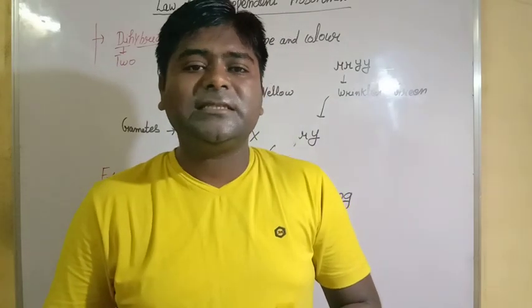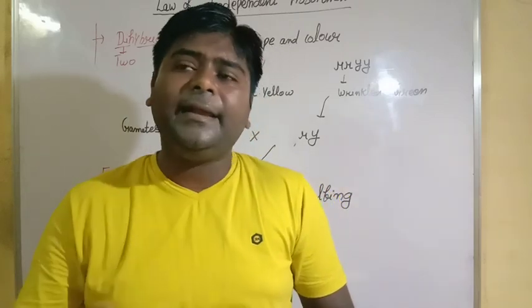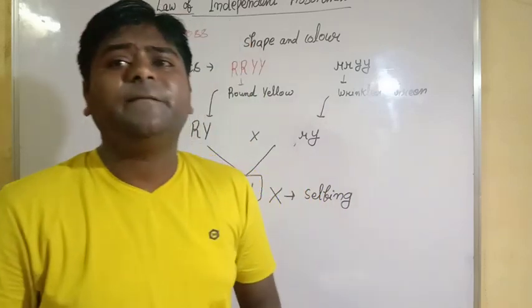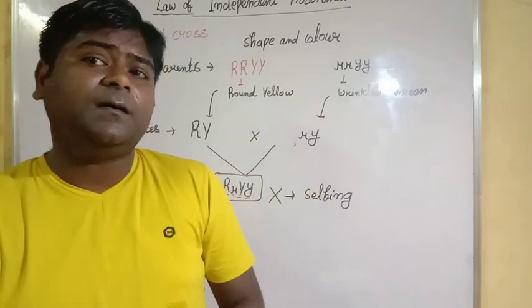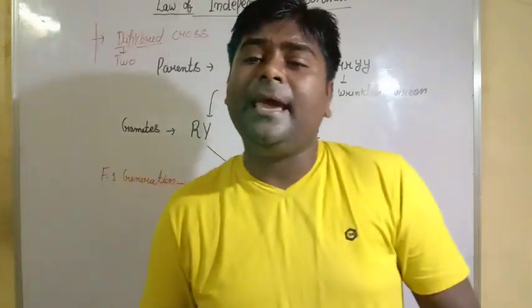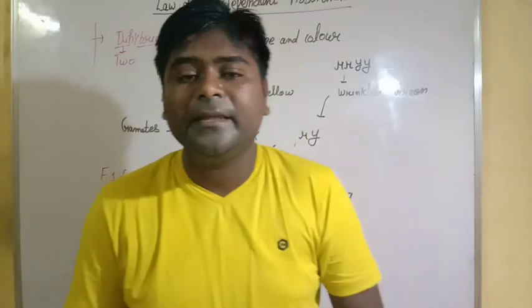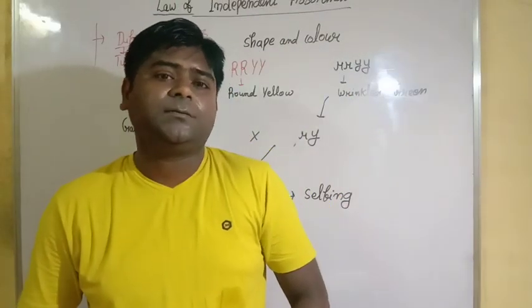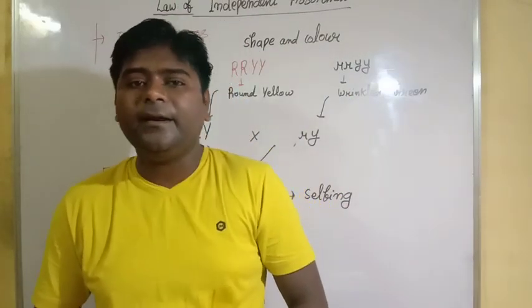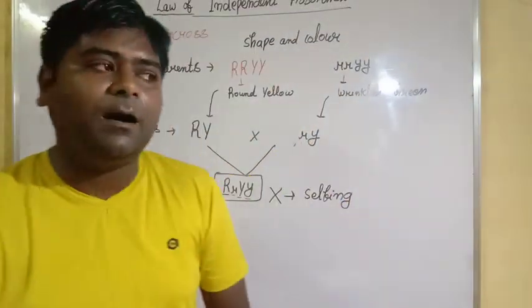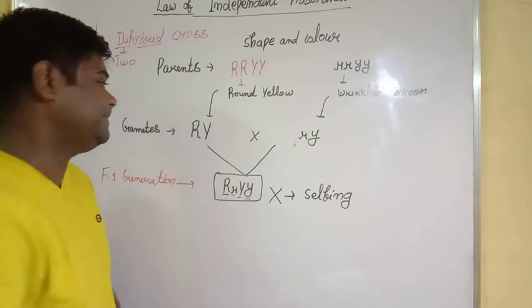So Mendel let the F1 generation be self-pollinated, and then he received a result, and he was very happy, he was astonished, and he gave his third law, the law of independent assortment. We will discuss this law in detail.